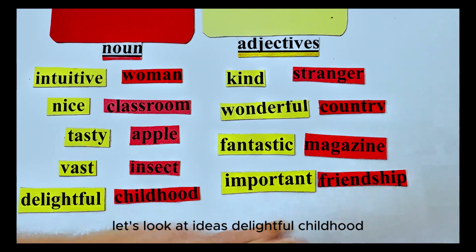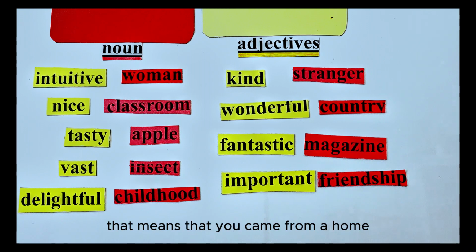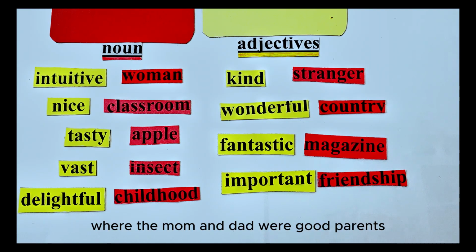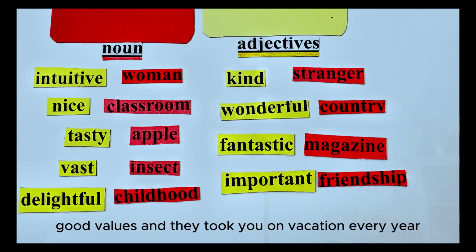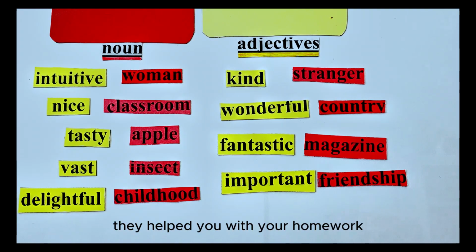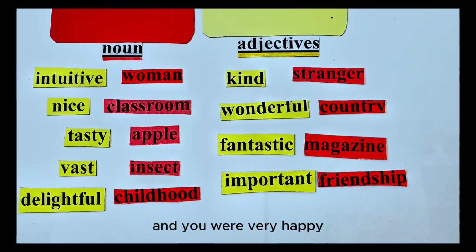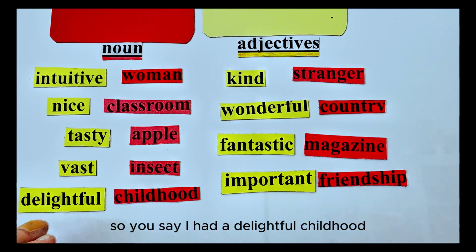Let's look at ideas. Delightful childhood. That means that you came from a home where the mom and dad were good parents. They had good morals, good values, and they took you on vacation every year. They helped you with your homework, and you were very happy living there when you were a child. So you say, "I had a delightful childhood."